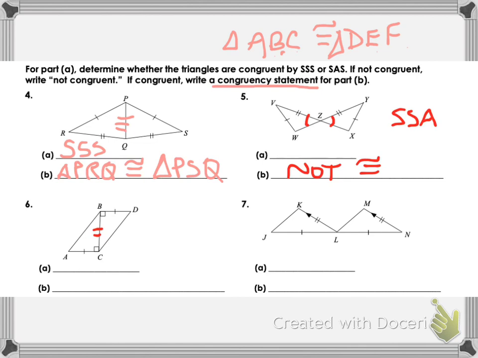What we have here is side, angle, side. So we would say triangle ABC is congruent to triangle DCB.